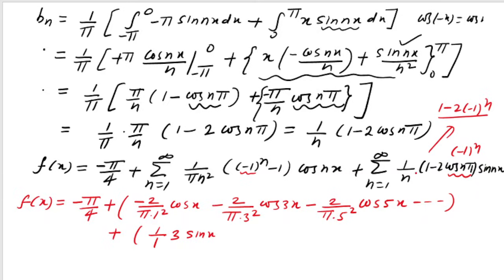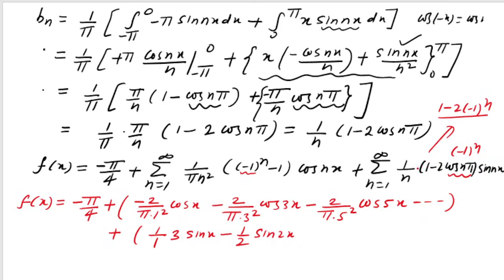If I take n is equal to 2, so this will become 1 minus 2, which is minus 1. So I will get minus 1 by 2 sin 2x. If I take n is equal to 3, then minus 1 to the power 3 is minus 1. So 1 and plus 2, that is 3.